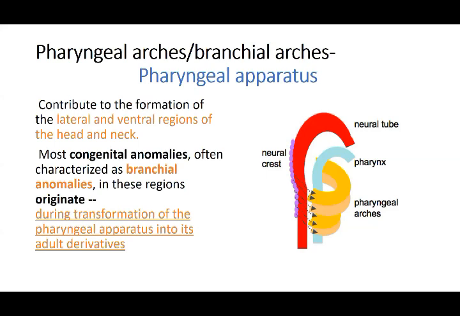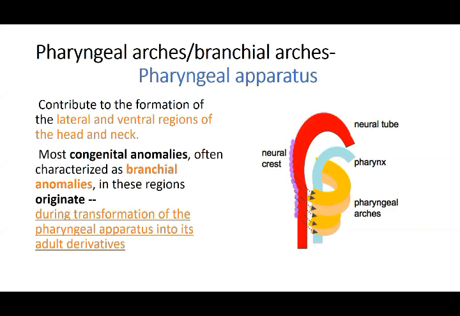These anomalies occur during transformation of the pharyngeal apparatus into its adult derivatives. That is, from incomplete development to the complete, when differentiation or maturation is occurring, that is the time when abnormalities, as we've already said, are most liable to occur.